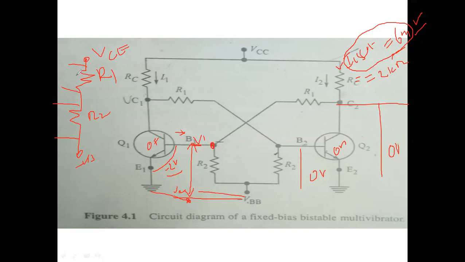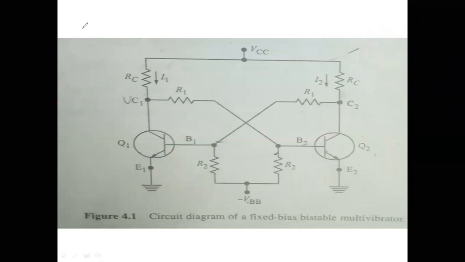Therefore this potential minus this potential gives the voltage at this point. A simple voltage division gives one equation in R1 and R2, equal to 5 R1. This is your first equation.